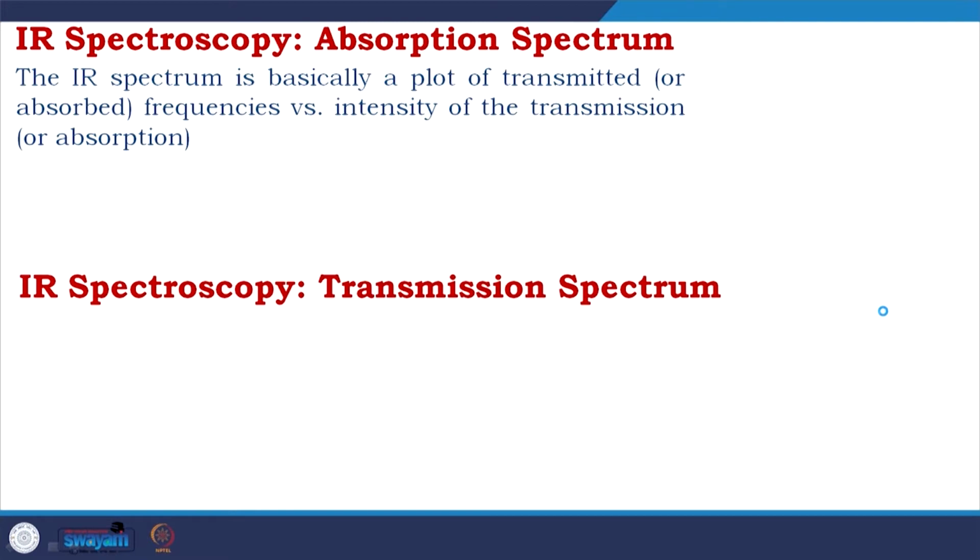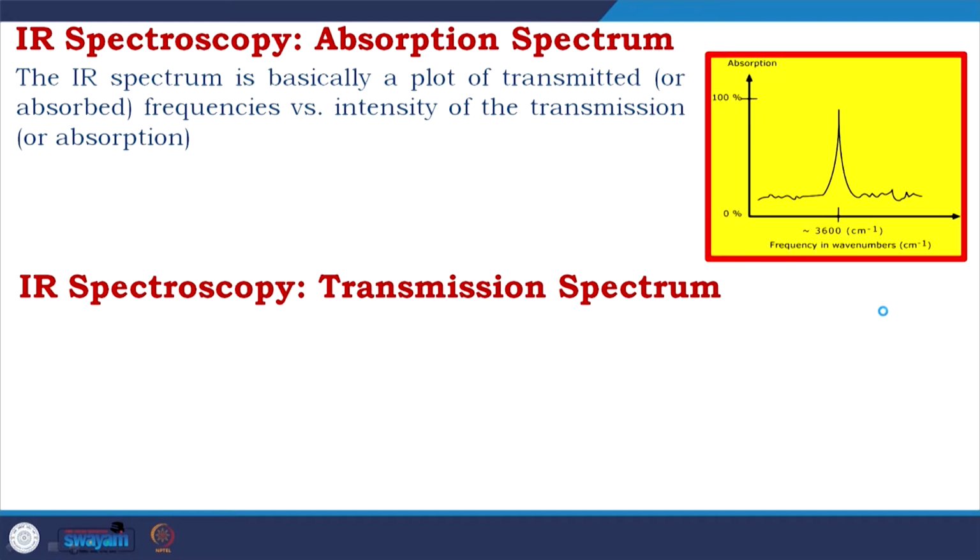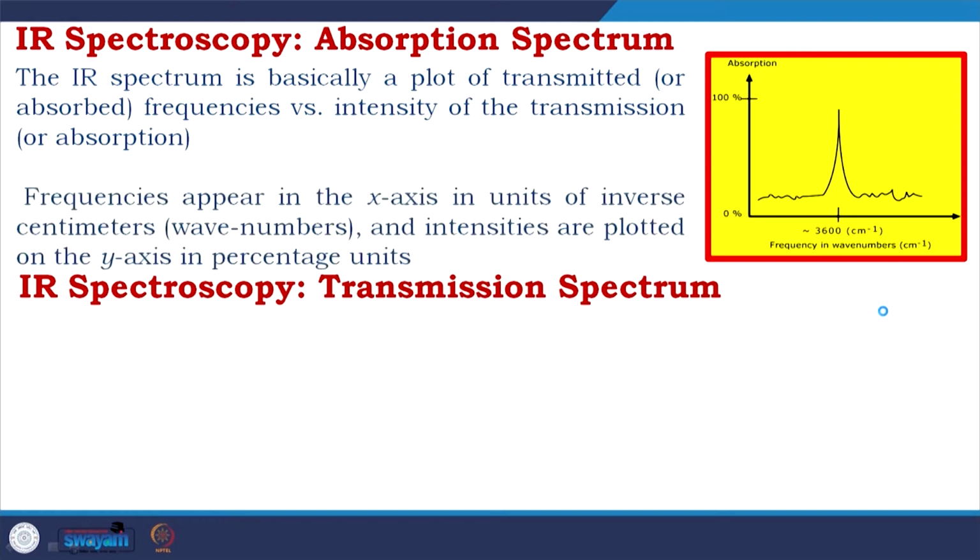The absorption spectrum, the IR spectrum which we see, is basically a plot of transmitted or absorbed frequencies versus intensity of the transmission or absorption. So, if you see here absorption and frequency, absorption is in percentage, frequency is in wave numbers, centimeter inverse. Frequencies appear on the x axis in units of inverse centimeters, wave numbers, and the intensities are plotted on the y axis in percentage units.